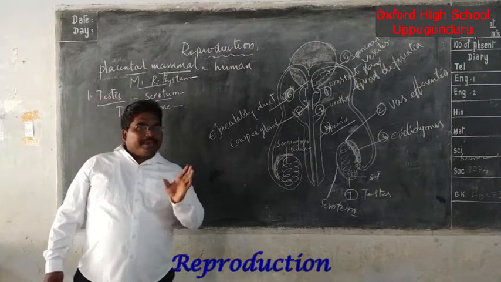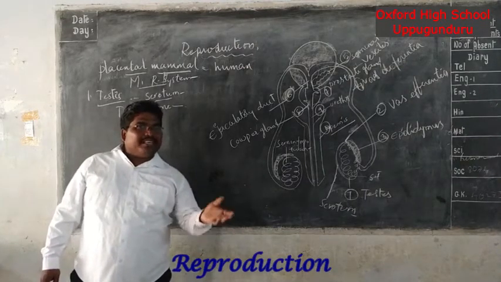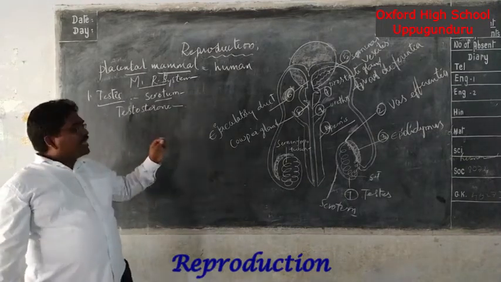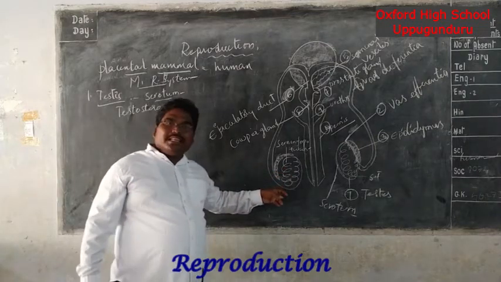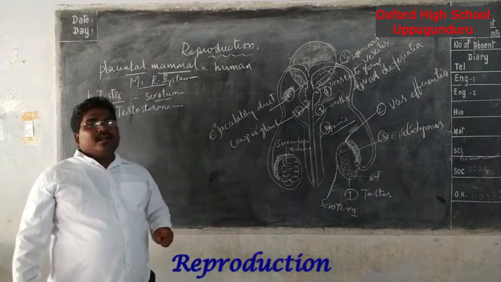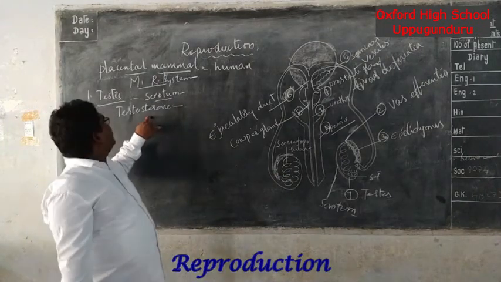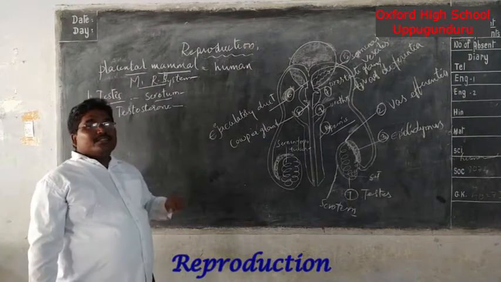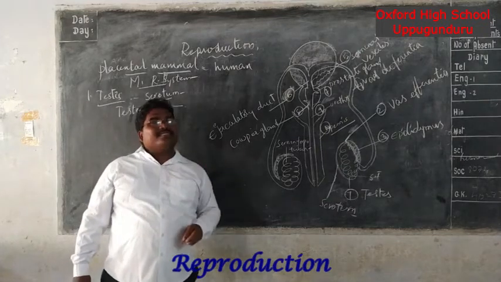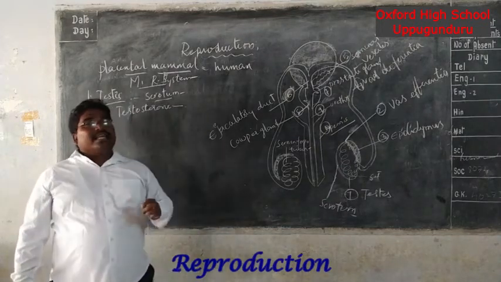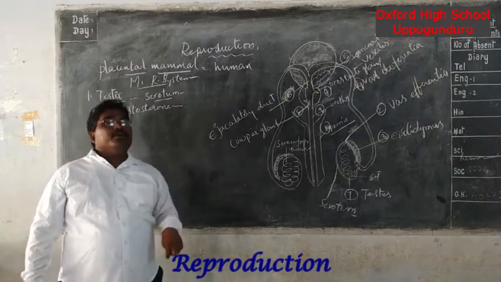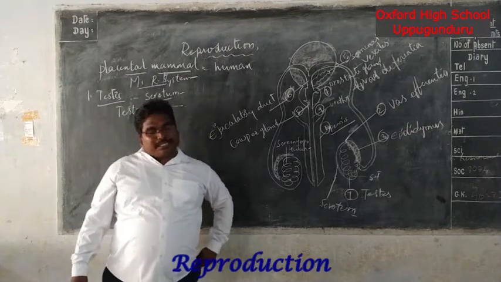So a pair of testes are present in a pouch-like structure called scrotum, with highly coiled seminiferous tubules producing sperms by meiosis, and testosterone also produced by the testes.